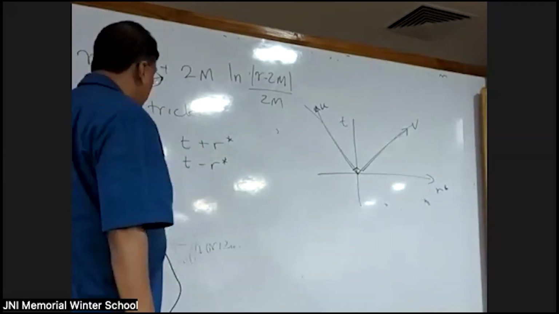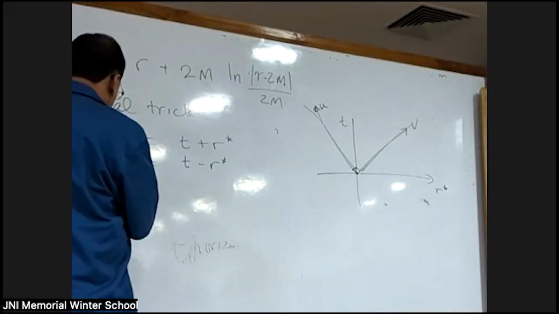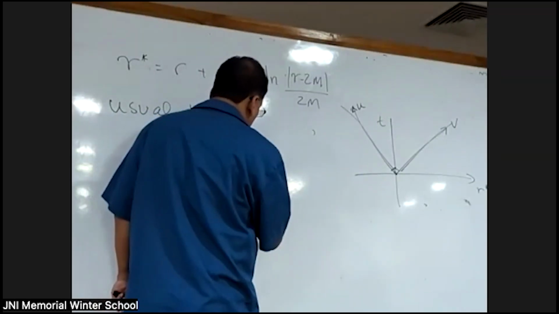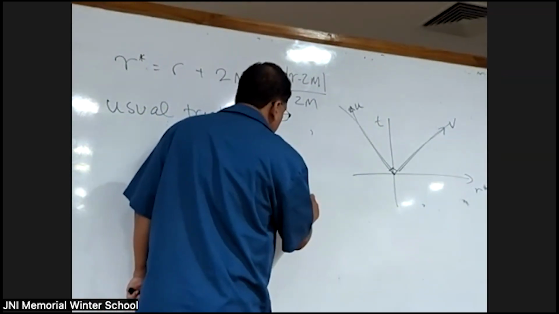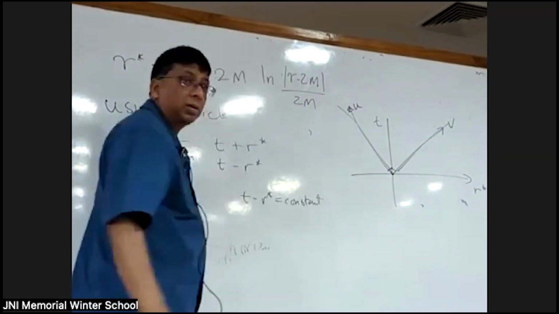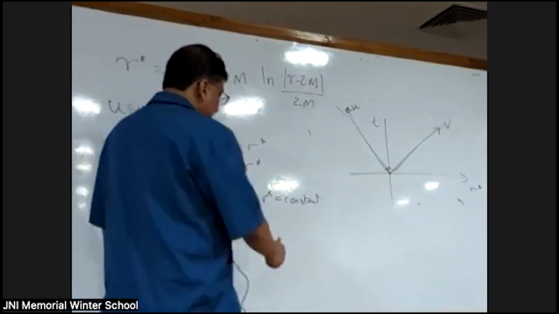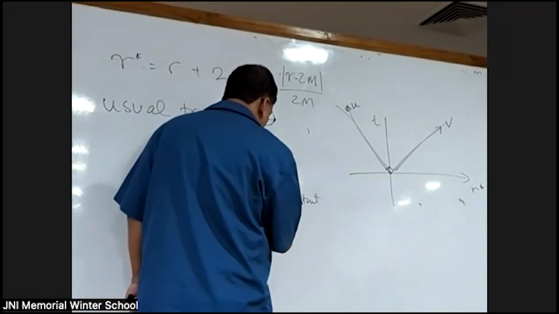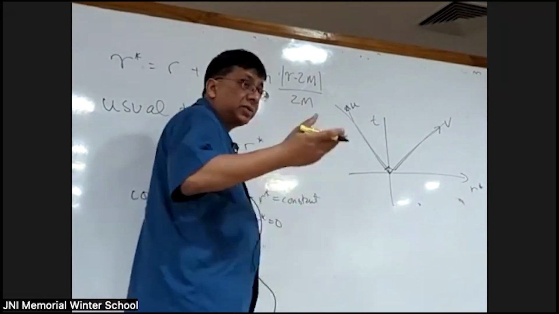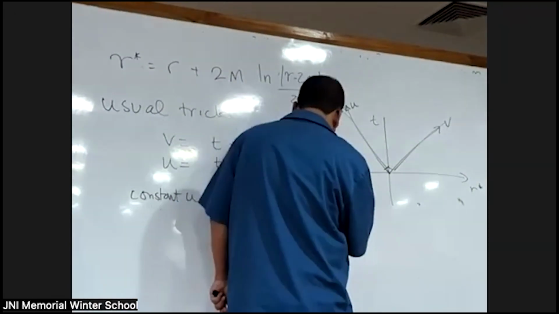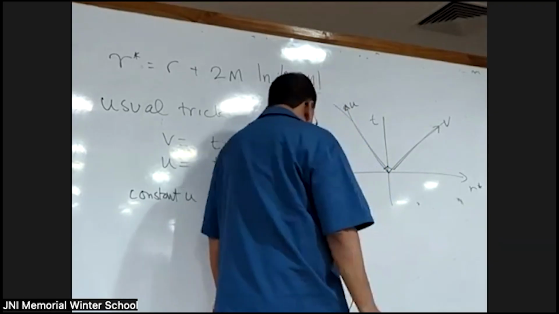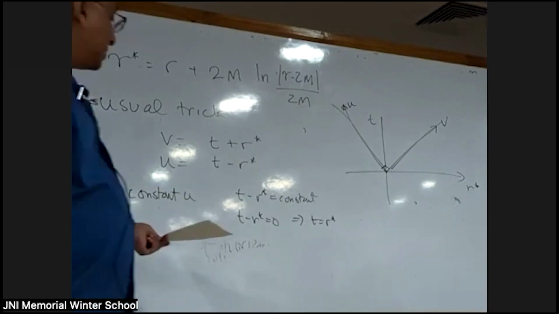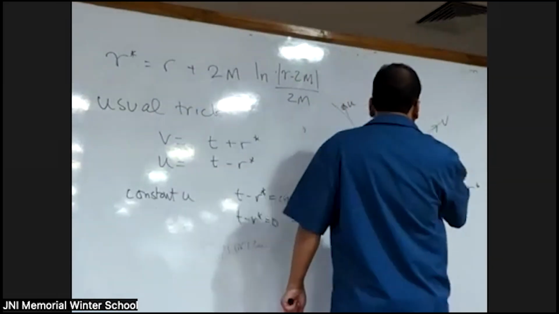What is constant u? Constant u is when t minus r star is equal to a constant. Let's say it's equal to 0. So t minus r star is equal to 0, so t is equal to r star. That corresponds to one value of u, right? That's what this line is.